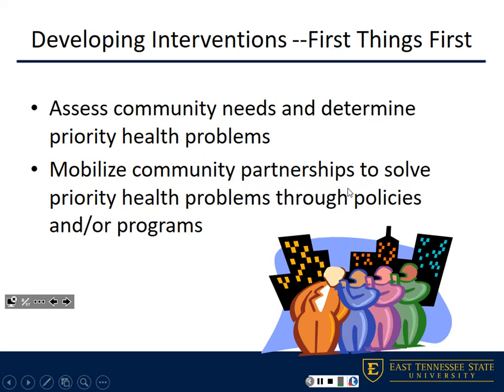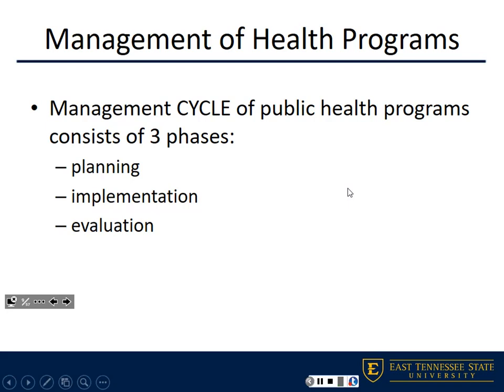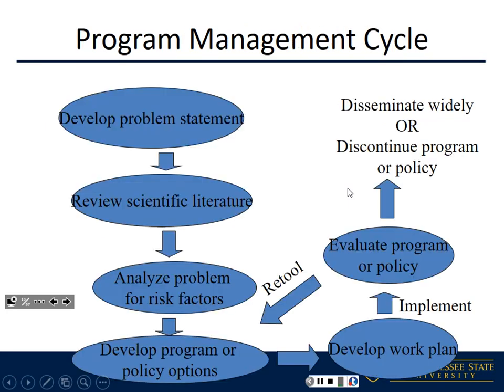So after we assess community needs and develop our partnership, we start working on our problem statement, identifying our priority health problem for our target community, developing our outcome objective, which defines the future desired level of the health problem.